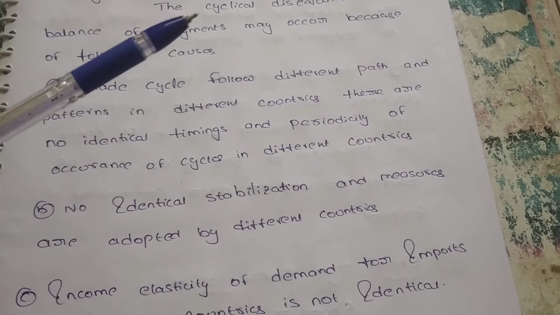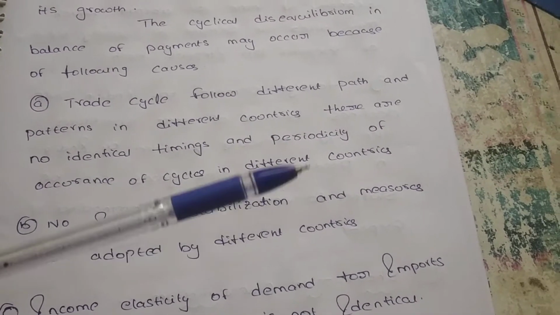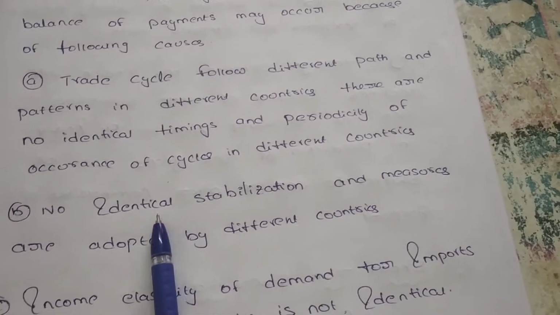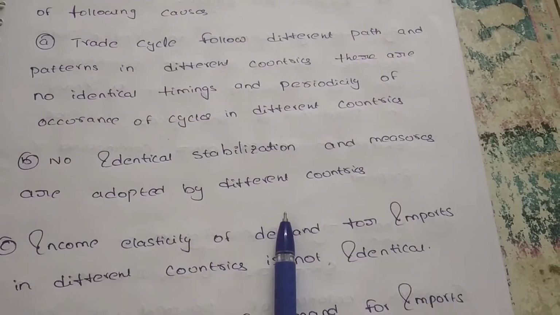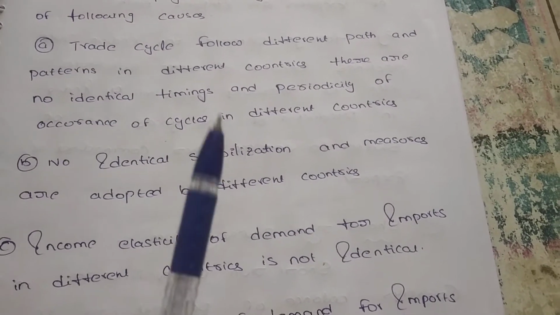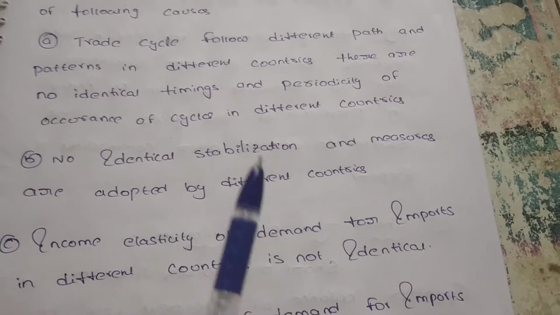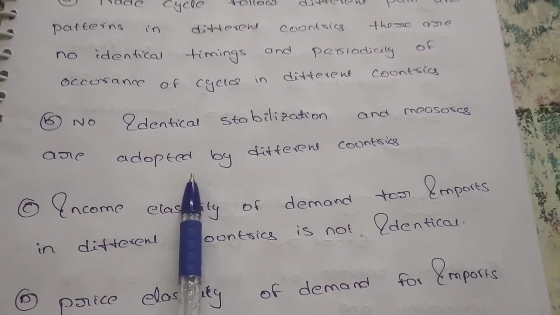Maybe next year we will produce other goods. Our production may decrease or increase based on certain factors. So there is no stable growth and the measures are also not stable. We can change our measures based on certain environmental conditions. So this is also one of the factors.